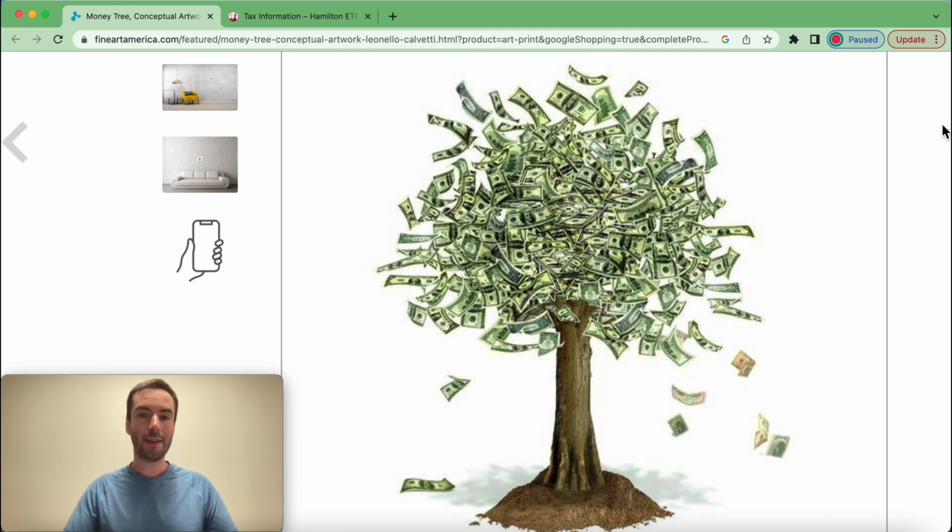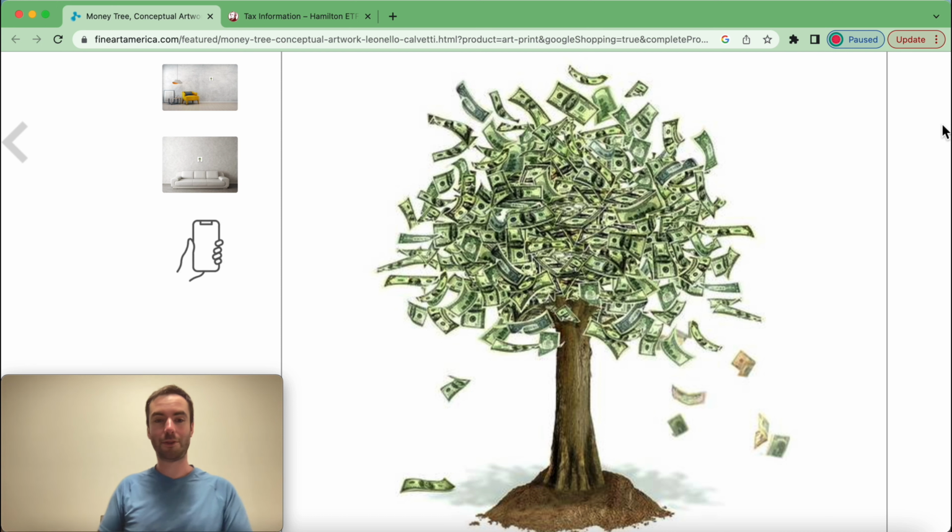If you hold that money tree for the short term and you're getting that return of capital, well, it definitely suits you in the long term. For myself, I plan to hold covered call ETFs for a very long time, so eventually I will have to pay that capital gains.